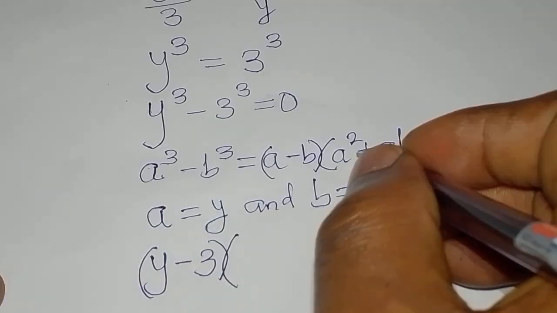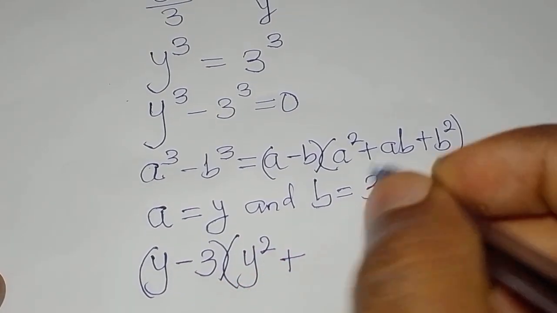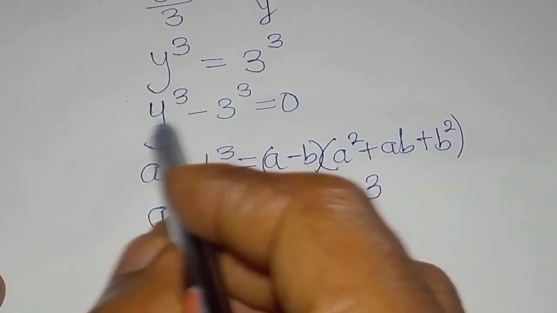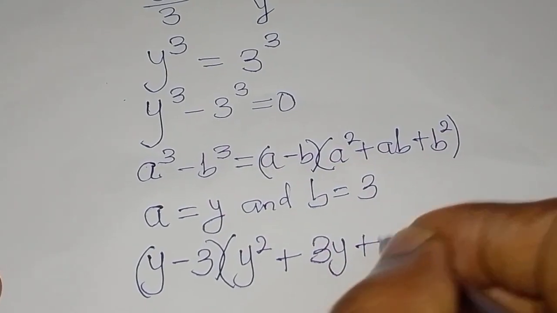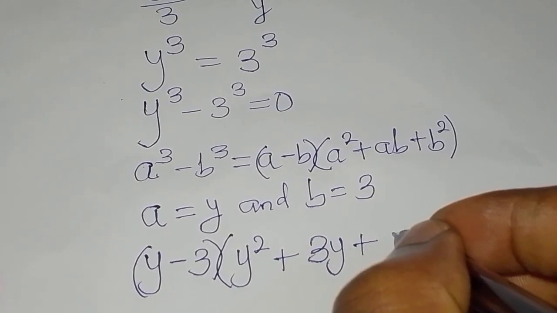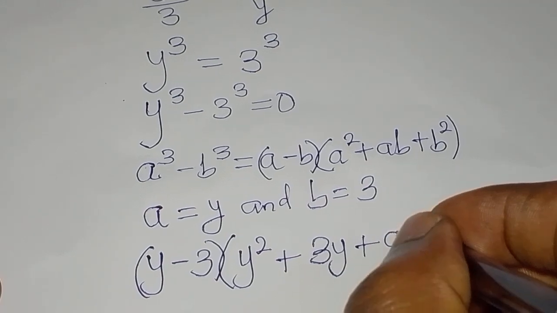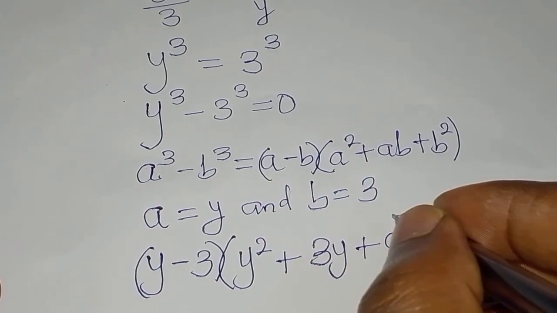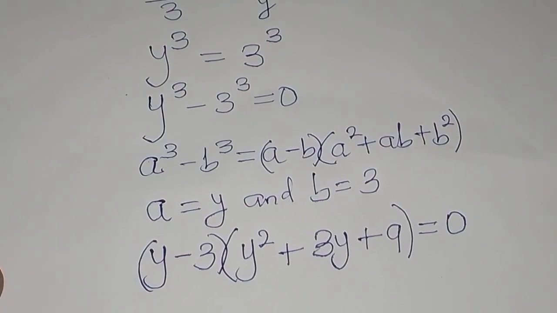Then in place of a squared, we have y squared, right? Plus ab, that will be y times 3, and it's 3y, plus b squared. Sorry, b squared is going to be 3 squared, and 3 squared is 9. Okay, so close that, and then you equate to 0.